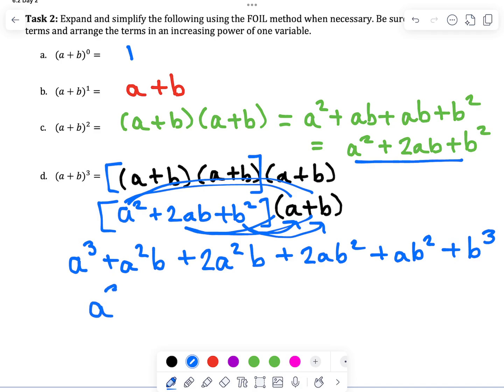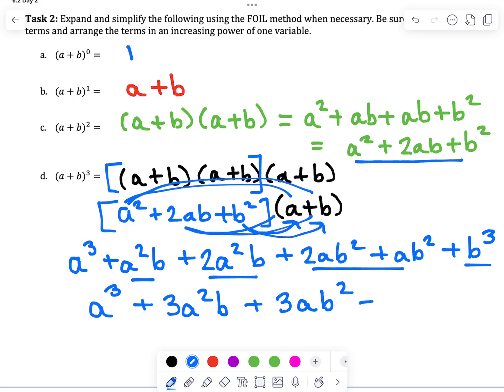So we have a cubed. These two terms are alike. They become 3a squared b. These two terms are alike. They become 3ab squared, and then b cubed.